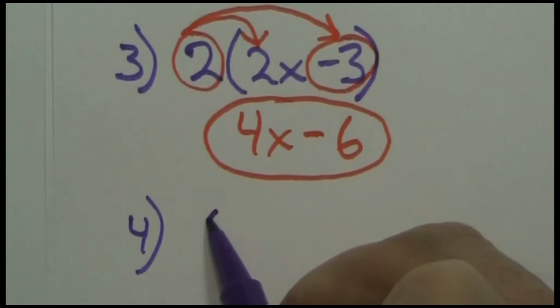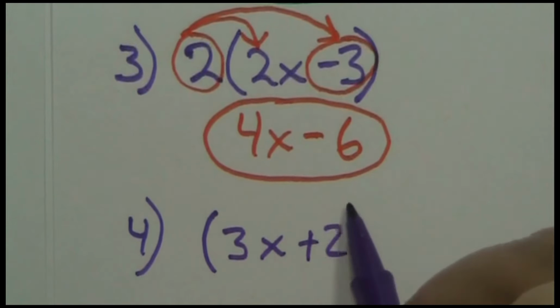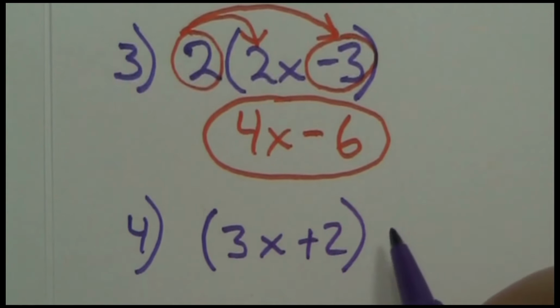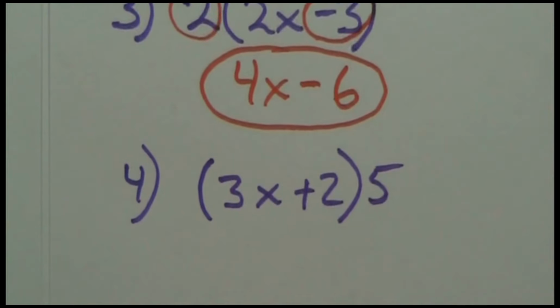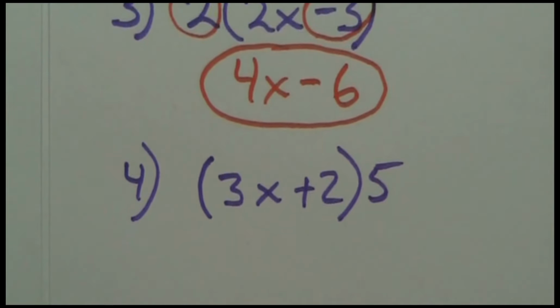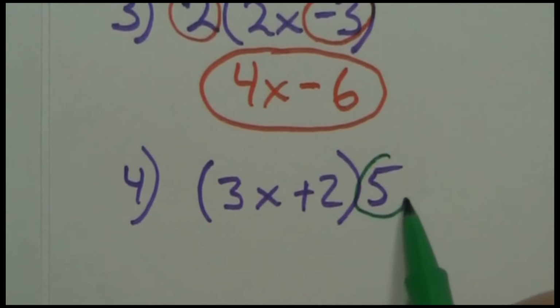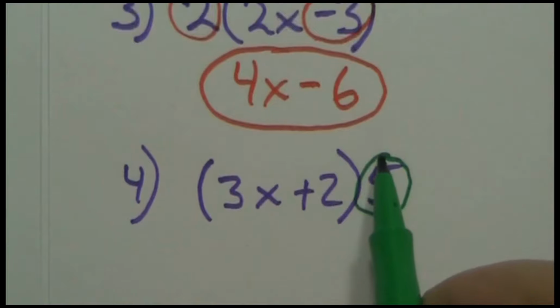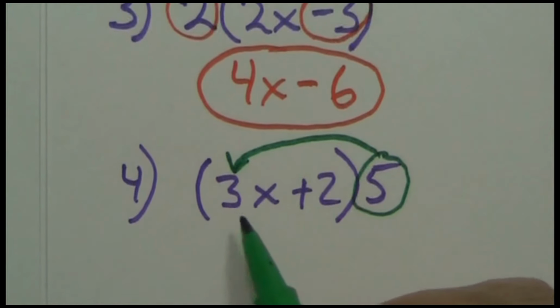Okay, now sometimes, let's say I have 3x plus 2, and sometimes they'll put the number on this side. That's okay. No worries. Just go ahead and you take the outside number and you distribute it. 5 times 3.